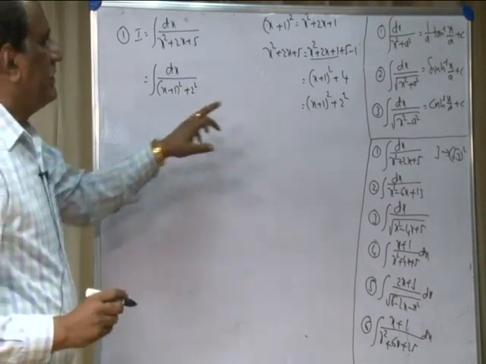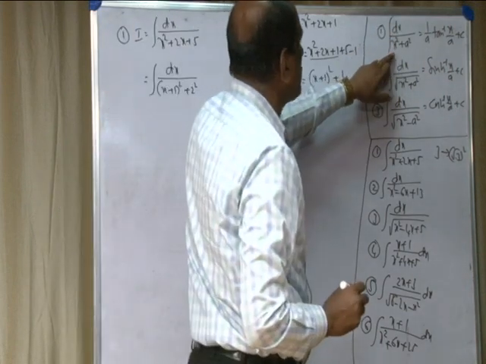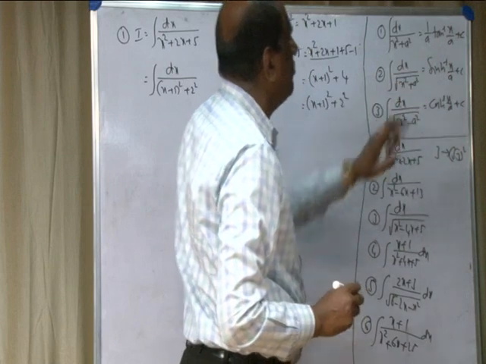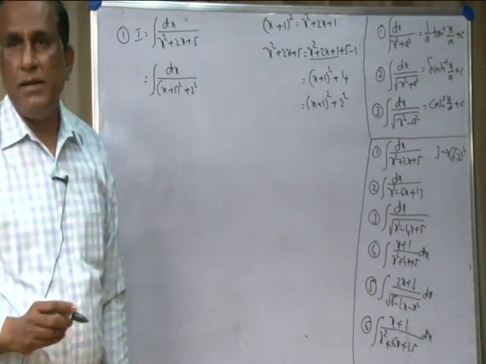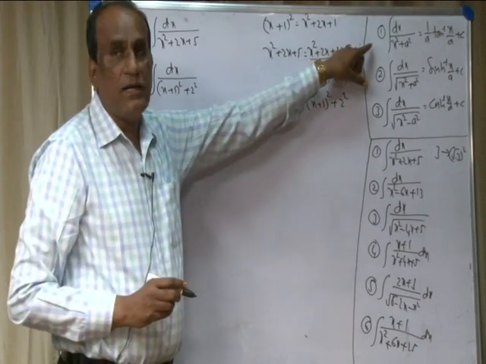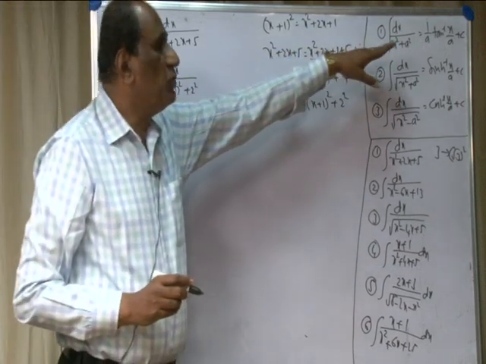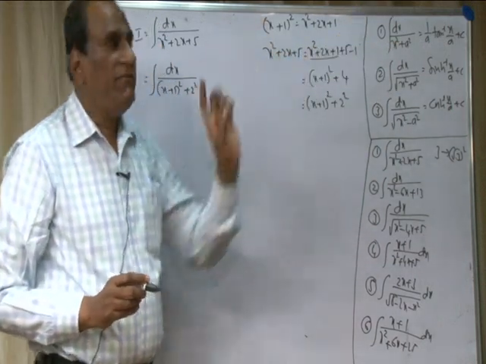This is of the first form that I have written here, that is dx by x square plus a square is equal to 1 by a tan inverse x by a plus c. If the given integral is of the first form, you can write the value of the integral directly using the first standard form of integral.